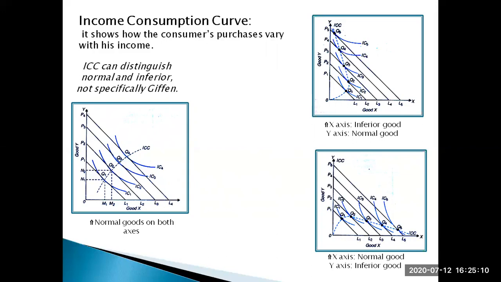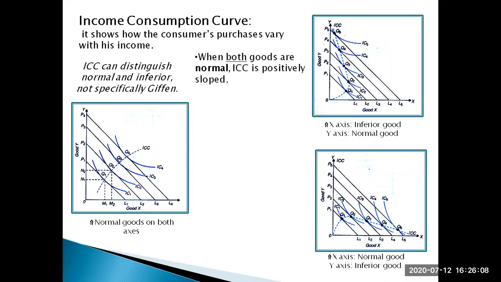And you see that the ICC is essentially backward bending. So after a certain point, the income consumption curve becomes negatively sloped. Similarly, if you check the other diagram, if we plot normal good on the x-axis and inferior good on the y-axis, after a particular amount of income, the individual starts reducing the consumption of good y, which is the inferior good.